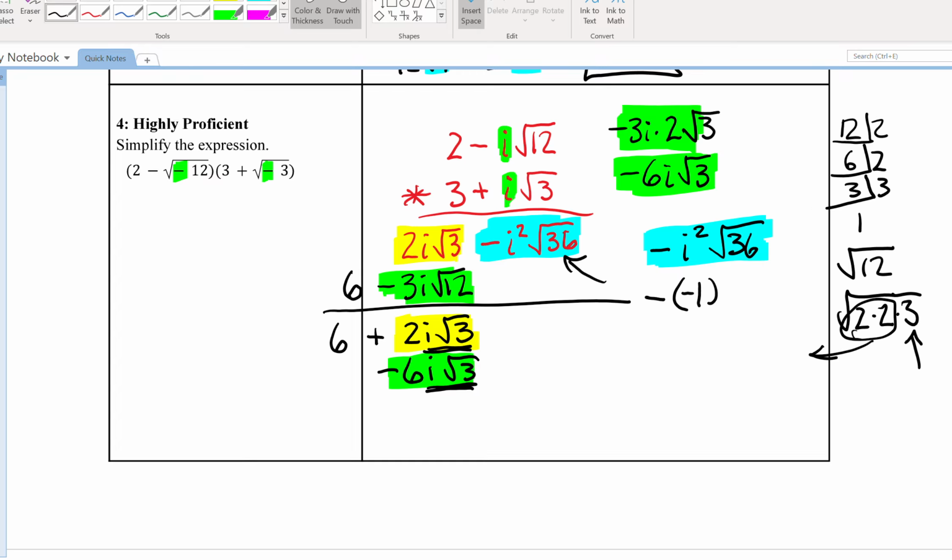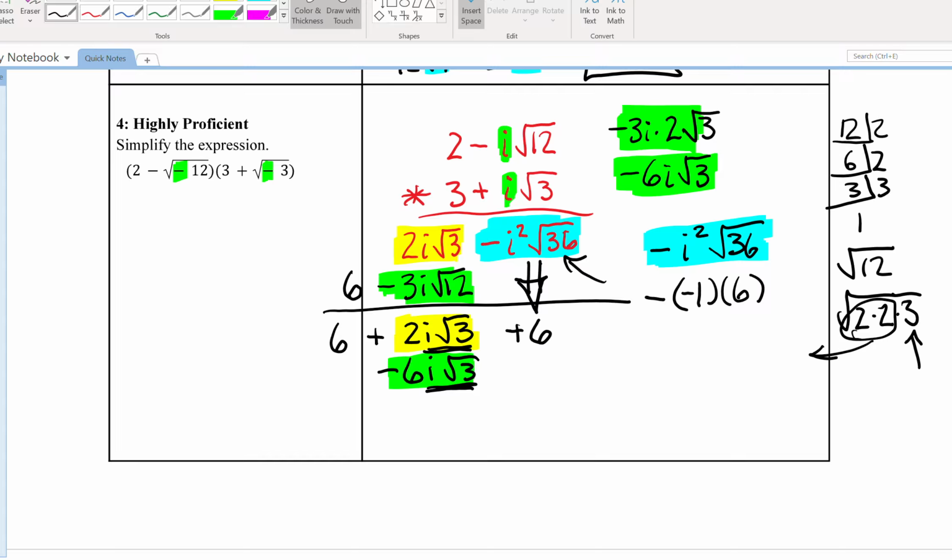And then the square root of 36, that is the same as 6. So I've got two negatives. A negative times a negative is positive. So this is plus 1, which times 6 is just plus 6. So all of this right here is plus 6.